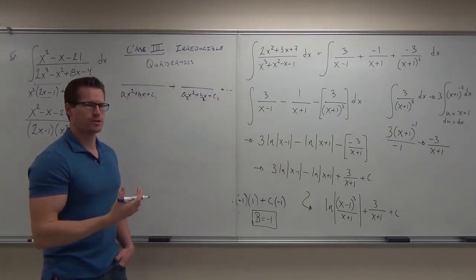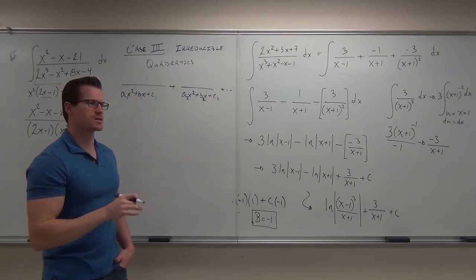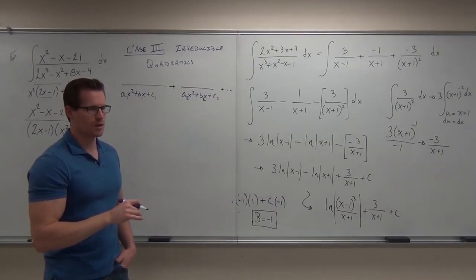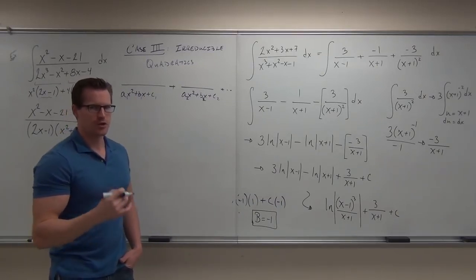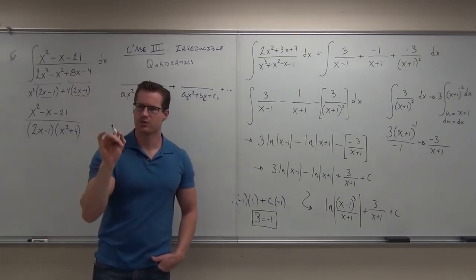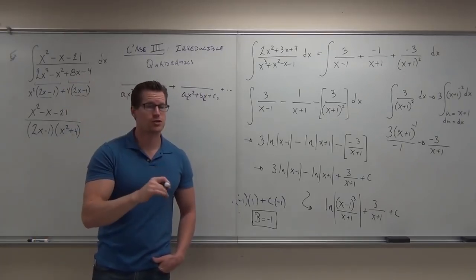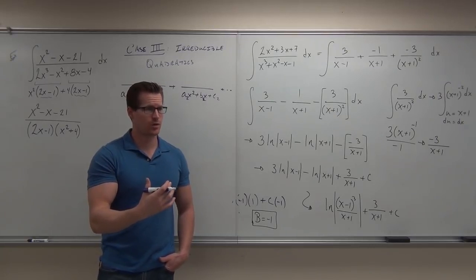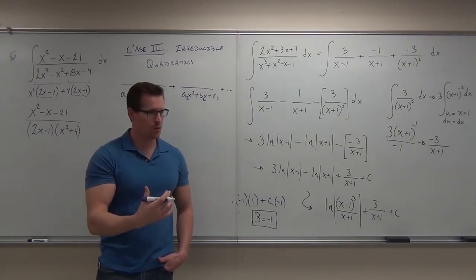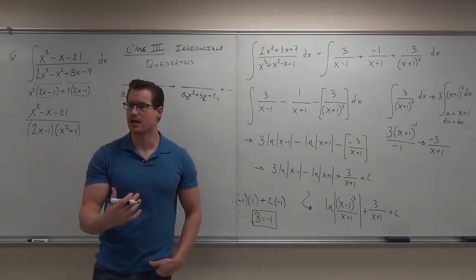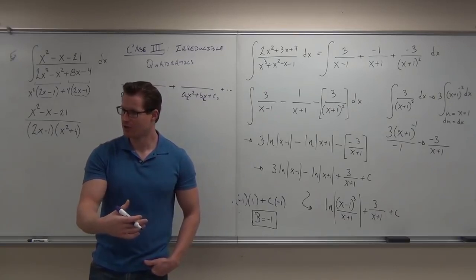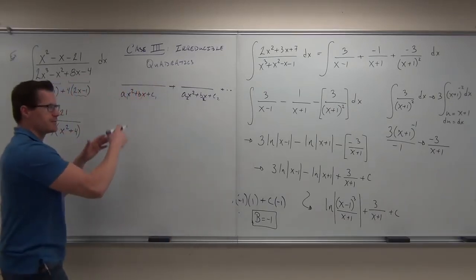And on the numerators, hopefully this makes sense to you. Whatever factor you have, your numerator should be 1 degree lower than that. So for linears, 1 degree lower than a linear is a constant. 1 degree lower than a quadratic is a linear. For linears, that's what we had here.